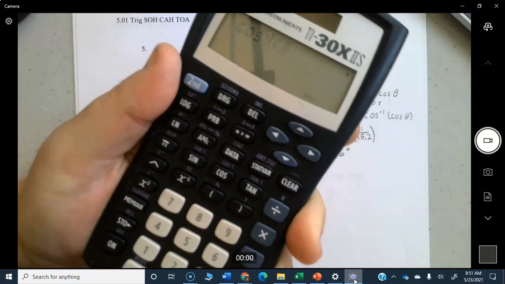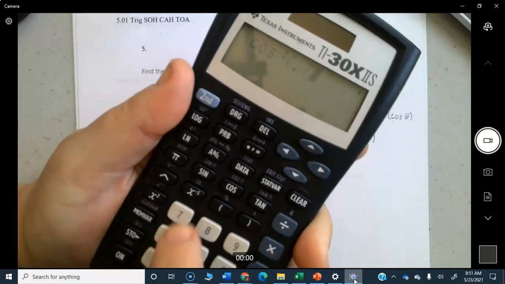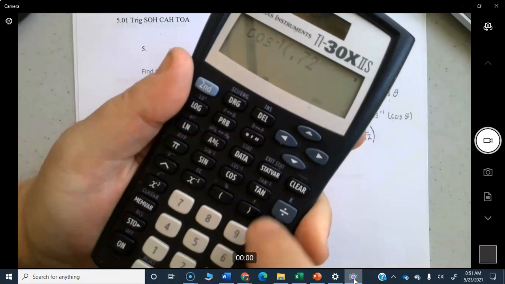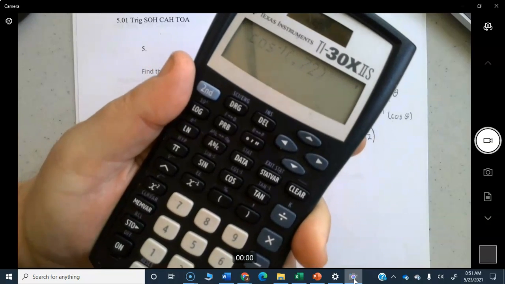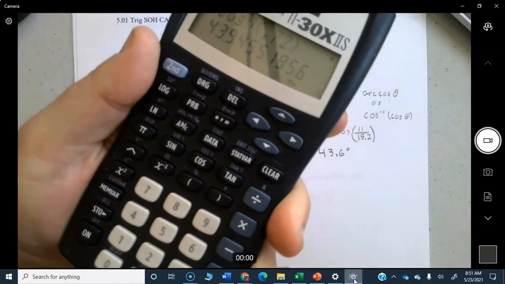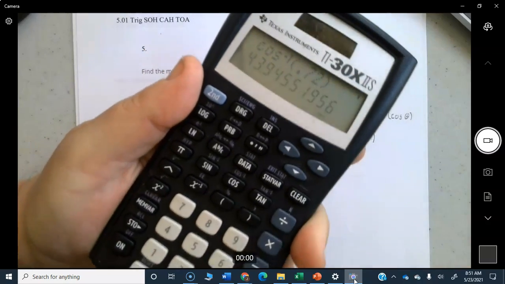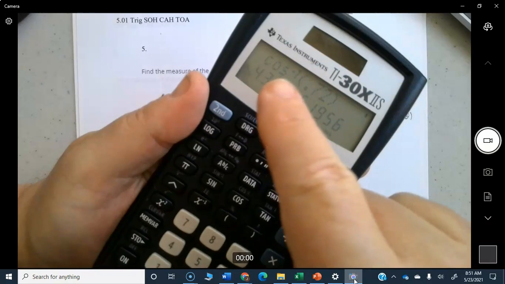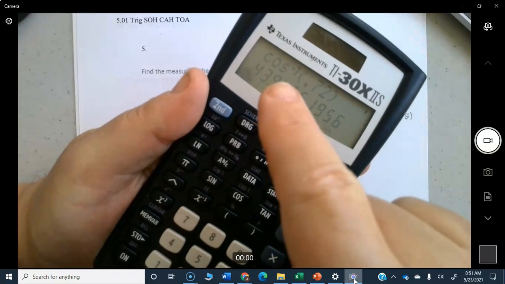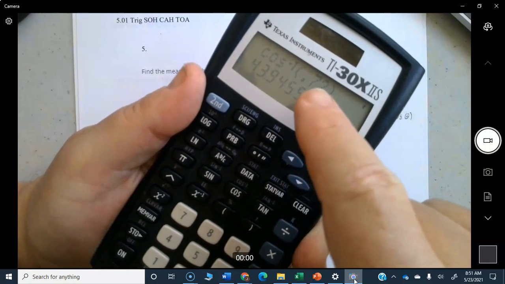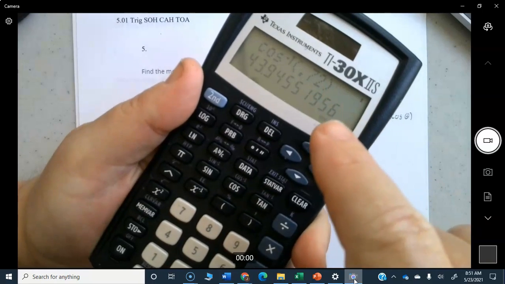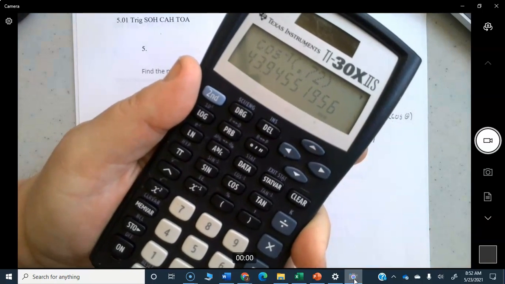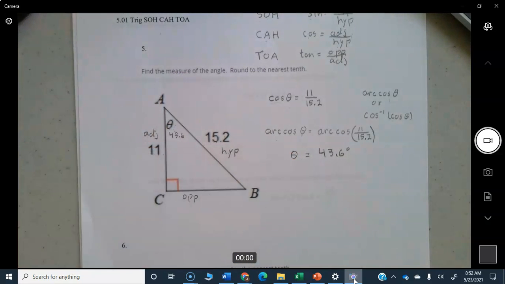Okay, and the number was, I forgot what the number was. It was 0.72, I think, something like that. You put that in, close the parenthesis, and hit it, and it's 43 point, well, anyway, it wasn't exactly 0.72, but that's how you do it. Hit the function first, second, and then cosine, and then put the number in, close the parenthesis, and then hit equal or enter, and it'll bring up that. And so that's the answer that we get for that.